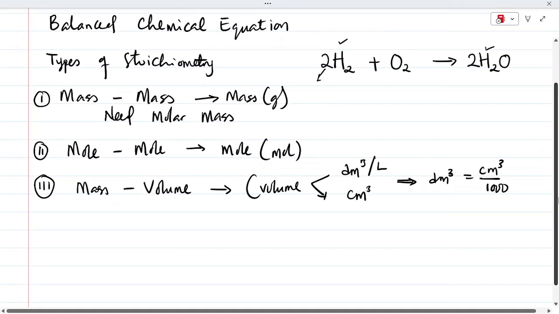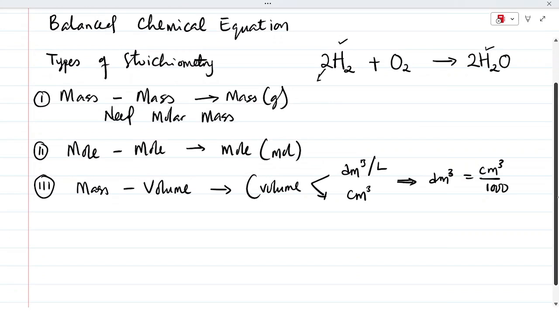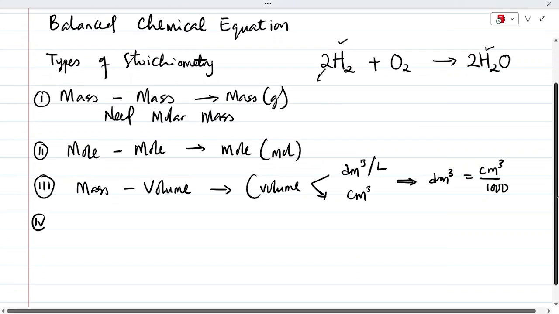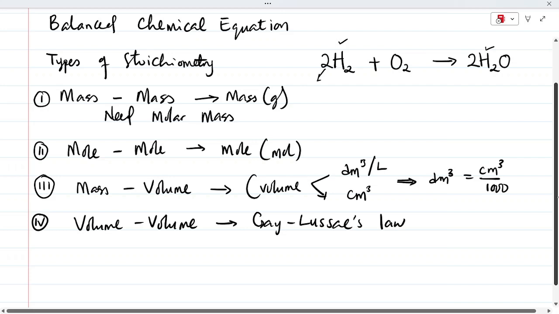Now, these are the most popular ones anyways. However, there's one which is also called volume to volume. It is a form of stoichiometry, but you mostly find it in gas laws. And this practically is related to Gay-Lussac's law. So that's the reason why it is not really taught under stoichiometry.